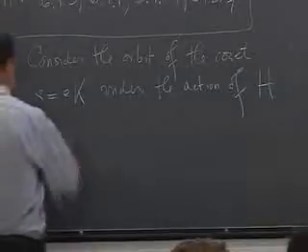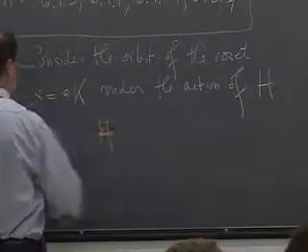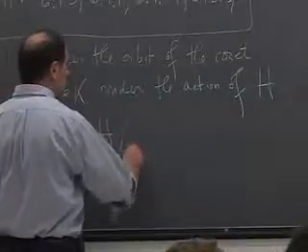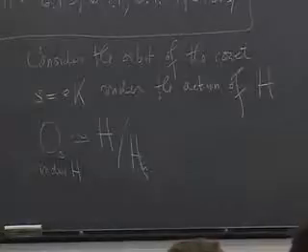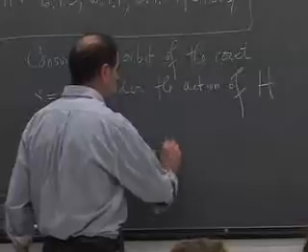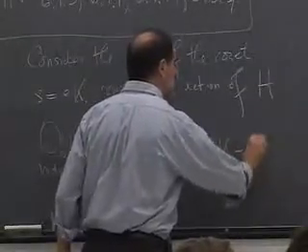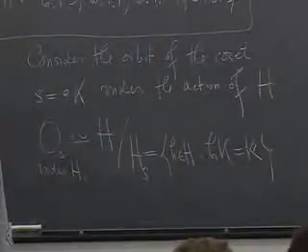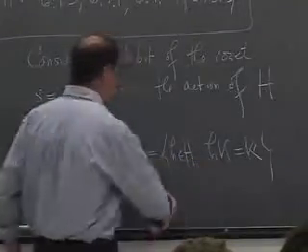Well, the orbit of this element is identified with H modulo the subgroup of H that stabilizes it. What is the subgroup of H that stabilizes it? This is the set of little h in H such that hK is equal to K, which is exactly the elements in H which are in K.